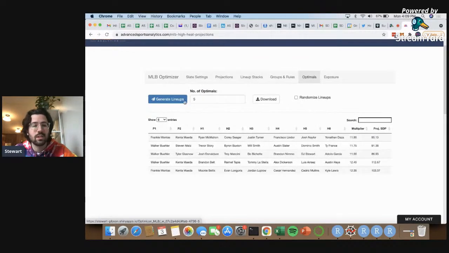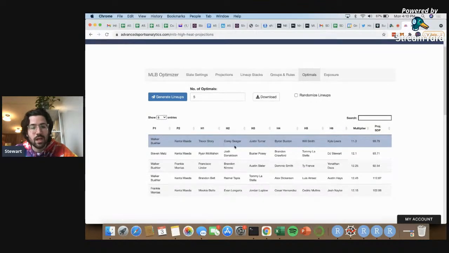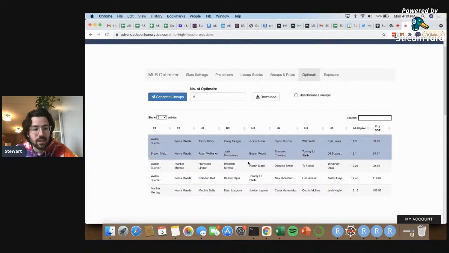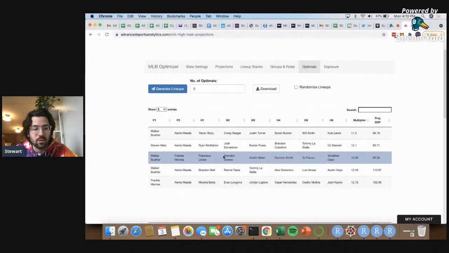And when we run it, you can see the top lineup here has at least 3 Dodgers. So it's got Seager, Turner, Smith. The next lineup, since we do have bounce on, will go now to, it looks like, the Giants, La Stella, Crawford, Posey. The next set, this is looking like the Mets, Lindor, Nimmo, Dominic Smith.